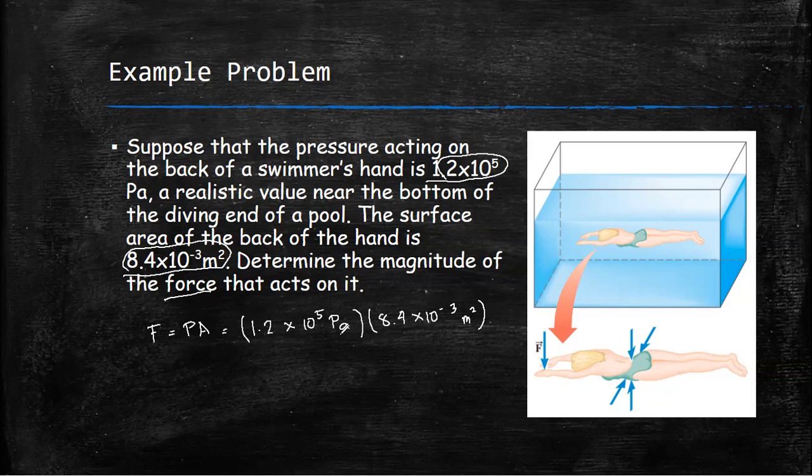So the unit square meter will be cancelled out because we know that Pascal is equal to Newton over square meter. Therefore, the force is equal to 1 times 10 raised to 3 Newton.